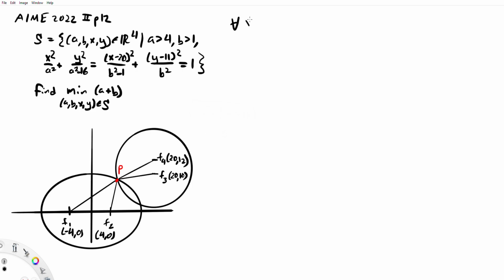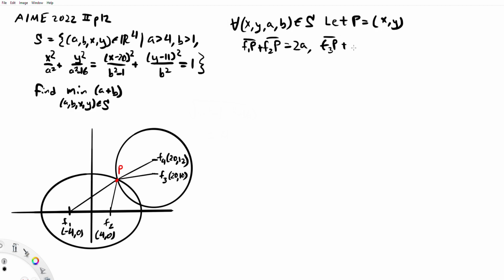For all (x, y, a, b) in the space of solutions, we're just going to let P equal (x, y), so we can say F1P plus F2P equals 2a, and F3P plus F4P equals 2b. And rearranging that, we get a plus b equals 1/2 times (F1P plus F2P plus F3P plus F4P).